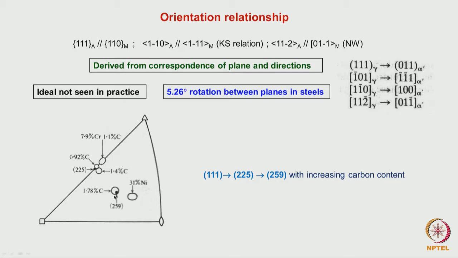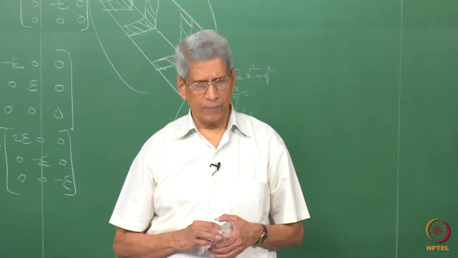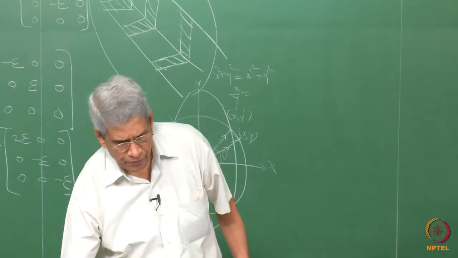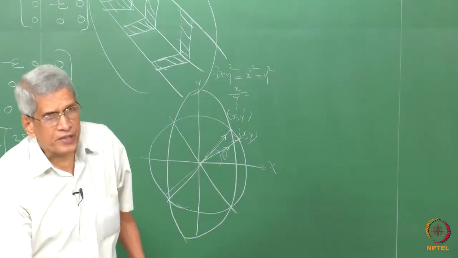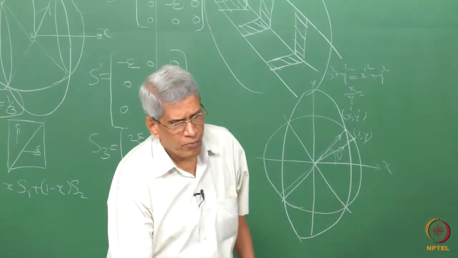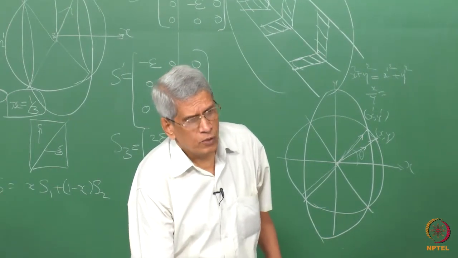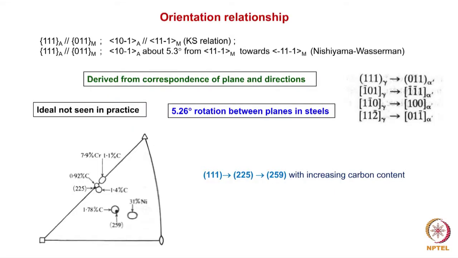So when we put this much amount of carbon, one could calculate the strain which is going to be there in the lattice. Okay. Correspondingly, using this crystallographic theory of martensitic transformation, one is able to identify and find out what is the exact habit plane.